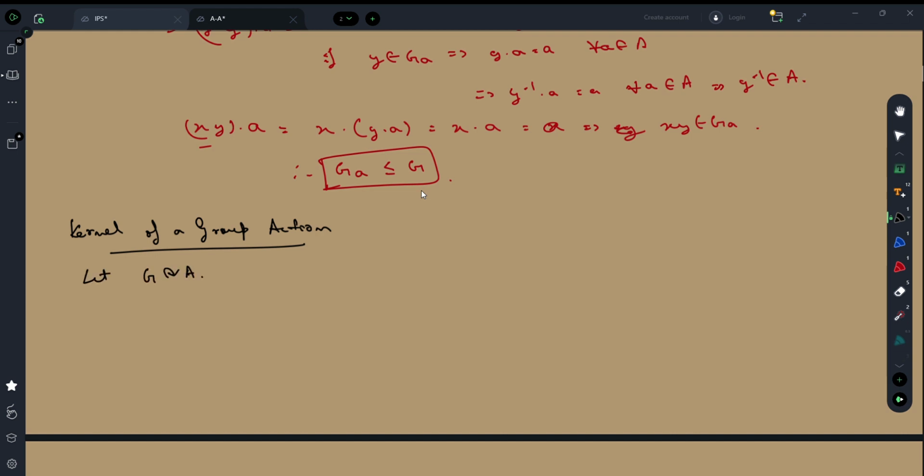So let G be acting on A. We define the kernel of this action as the set of elements g in capital G such that g fixes a for all a in capital A. Clear? It fixes a for all a in capital A. So you can obviously observe that it's indeed a subgroup of the stabilizer of any subset, right?